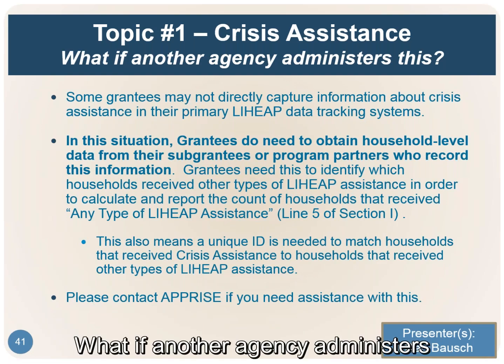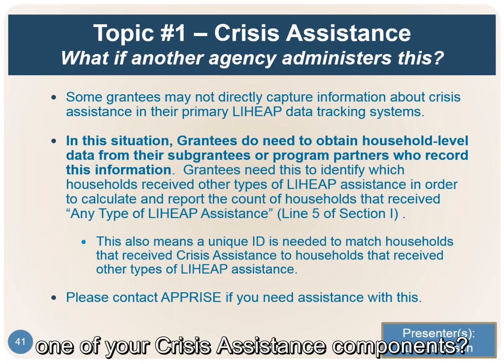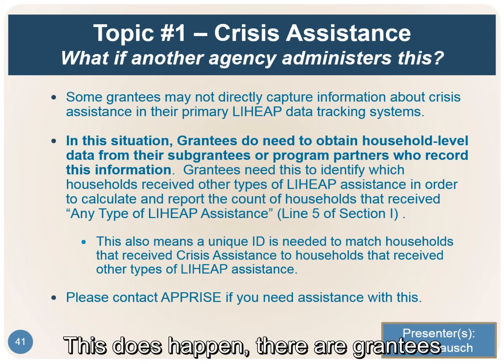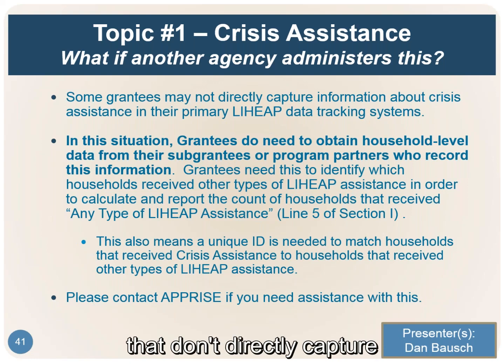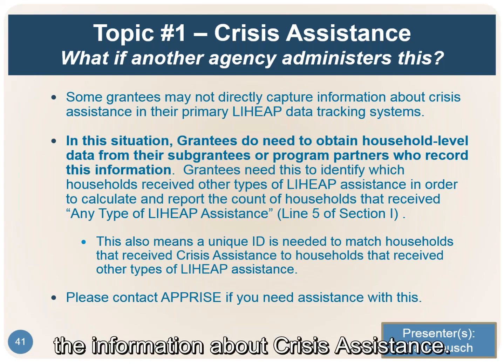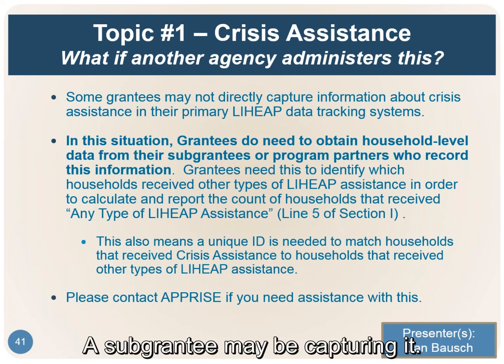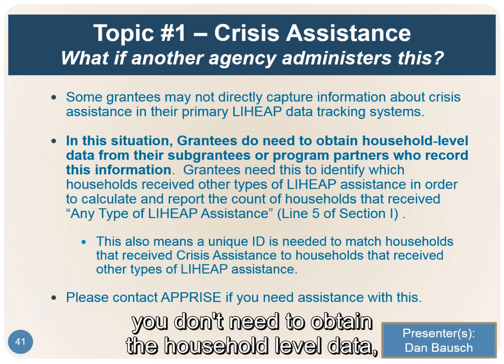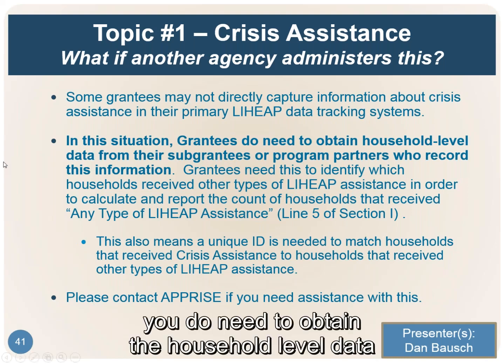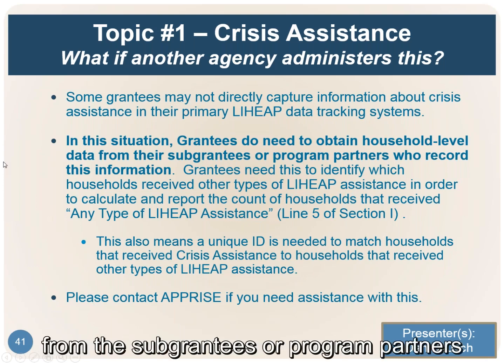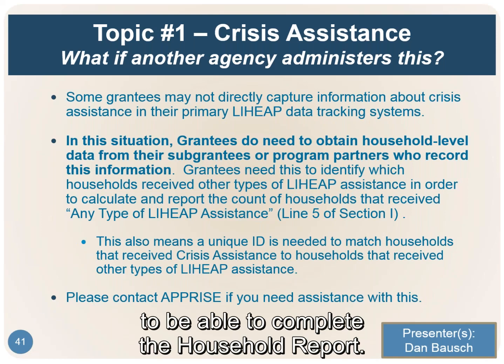So we're going to talk about each of those. What if another agency administers one of your crisis assistance components? This does happen. There are grantees that don't directly capture the information about crisis assistance. Sub-grantee may be capturing it. And in that situation, you do need to obtain the household level data from the sub-grantees or program partners to be able to complete the household report.